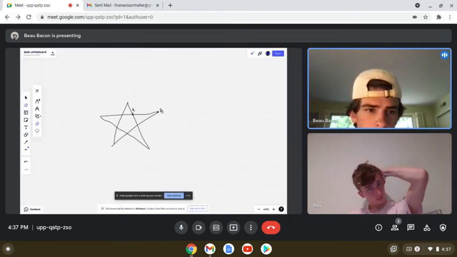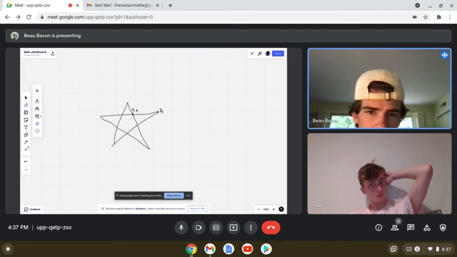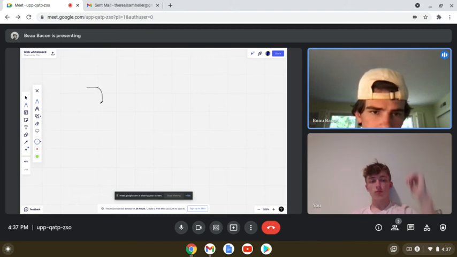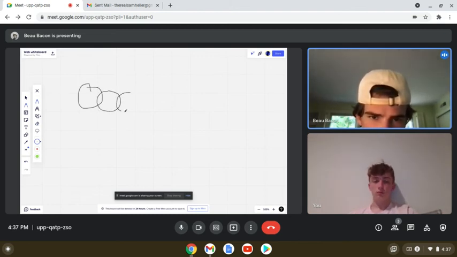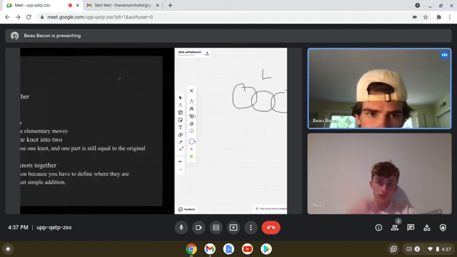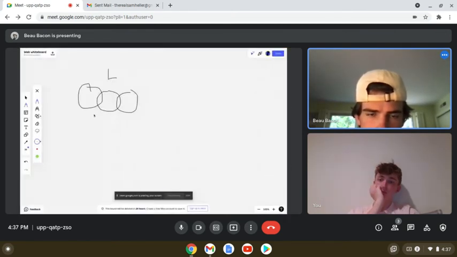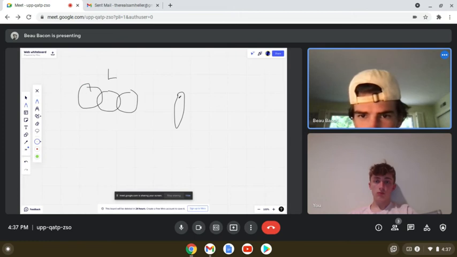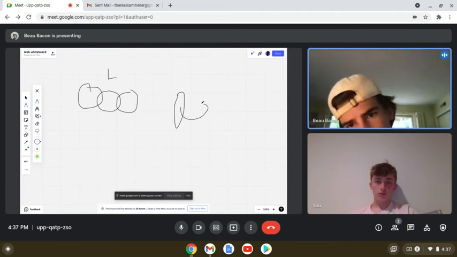So starting off with links, we're just going to use a couple of unknots to make it go by pretty quickly. An unknot is just a circle, basically. So if I have this, and this can be link L. And I'm going to make a slightly different looking one, but it's going to be linked in the same way.